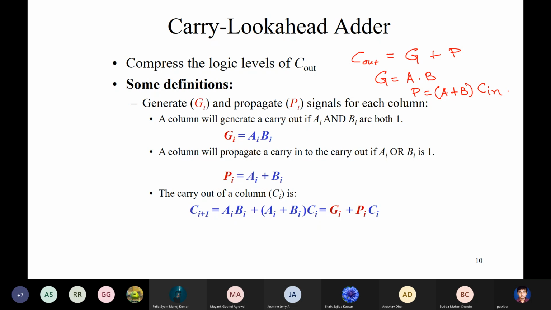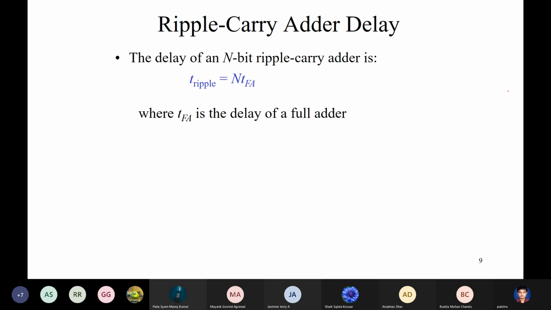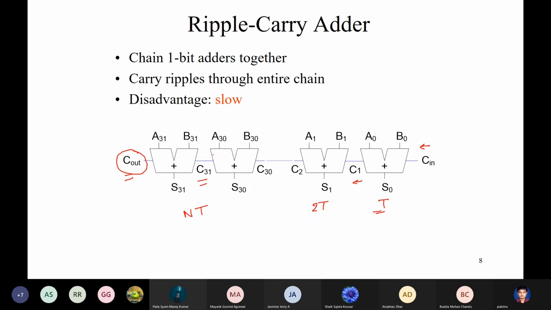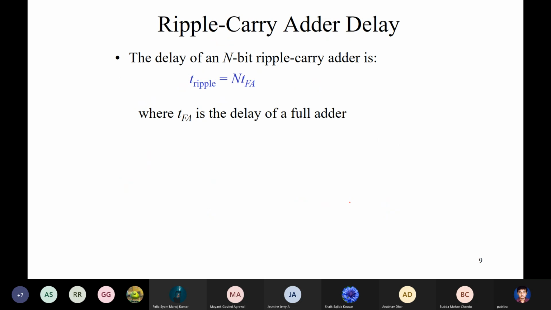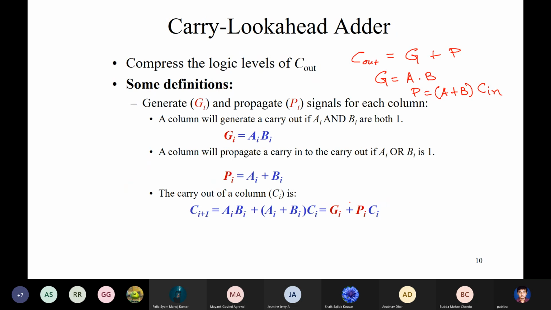If we cascade the adders this way and look at the ith adder, each adder can be thought of as having a Gi signal and a Pi signal, which, depending on the values of Ai, Bi and carry in, are generated according to these equations.